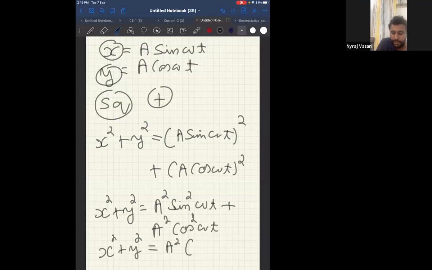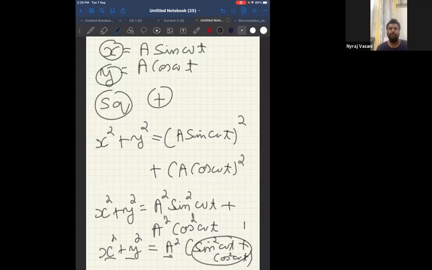What remains inside? Sine square omega t plus cos square omega t. Can I say inside the bracket this will become equal to 1, because sine square theta plus cos square theta equal to 1. Therefore, I am left with x square plus y square equal to a square, which is nothing but the equation of a circle. Therefore, answer is B. Did you get it now?